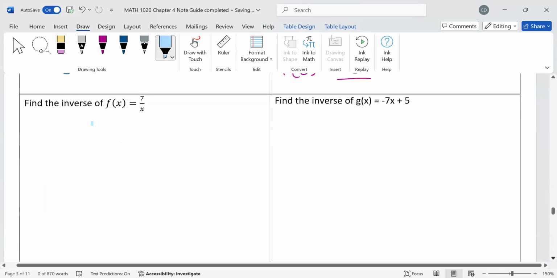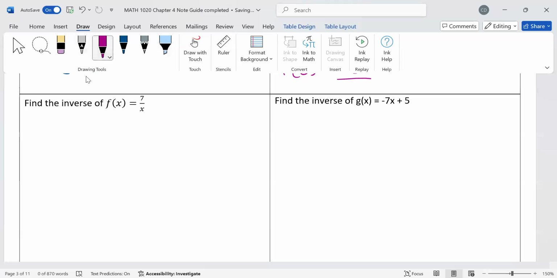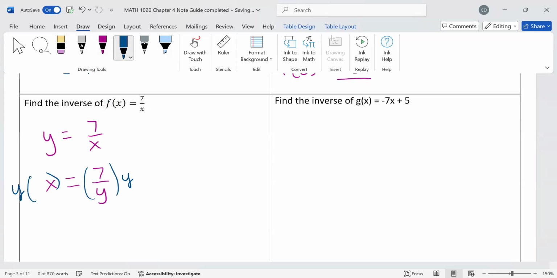All right, we need to find the inverse of this. So we start off with f of x is the same thing as y. We're going to swap our x and our y's and then solve for y. All right, now to solve for y here, I need to get y out of the bottom. So I'm going to multiply both sides through by y. All right, those cancel out top to bottom. You're left with 7.